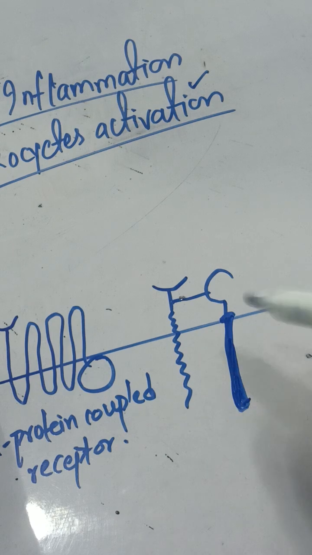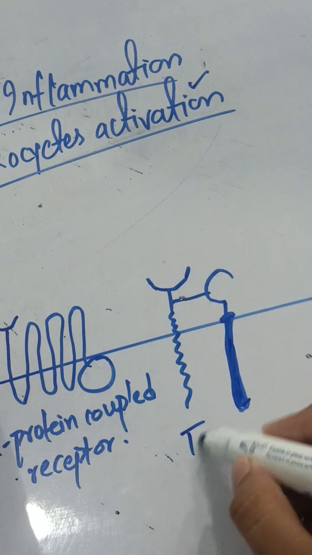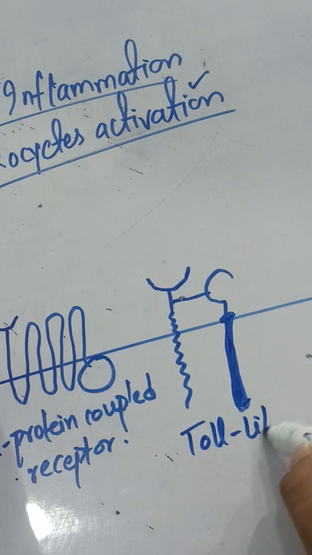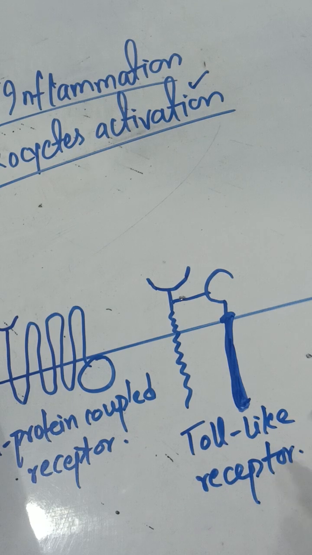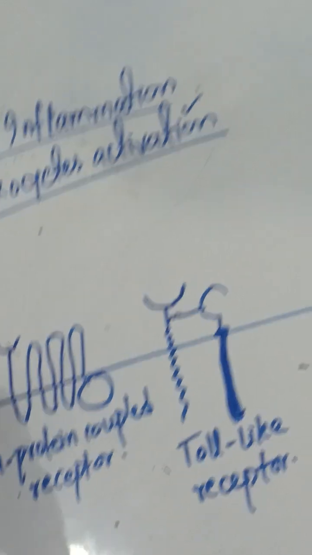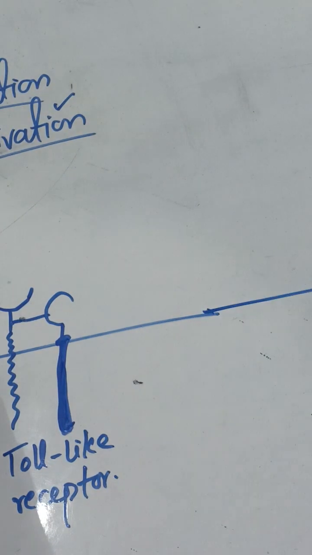So this is something like the toll-like receptor. One thing you have to remember about the toll-like receptor is that this is the first receptor that will be activated after the microbial attack. All the other receptors will be activated after it.